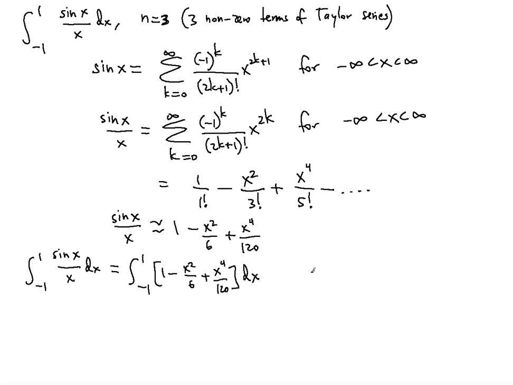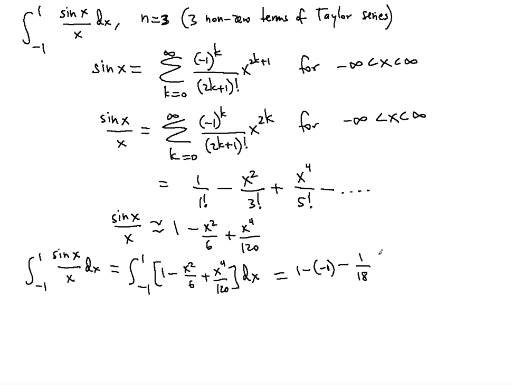Okay, so what would we have? We would have basically x for the first antiderivative here. x from -1 to 1 is basically 1 minus -1. That should be simple. And then minus, the power increases by 1 and also multiplies the denominator, so 1 over 18 times x to the third.